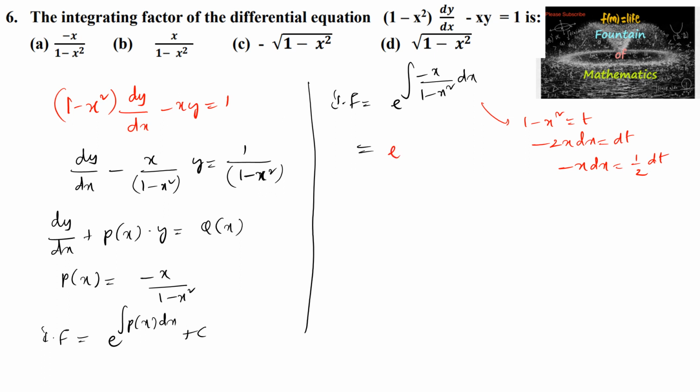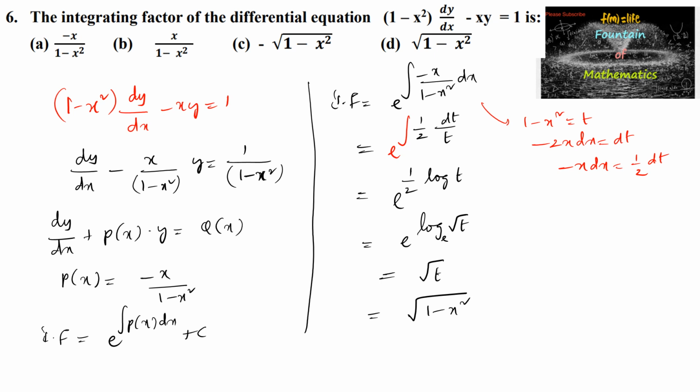So we can write e to the power (1/2) integral of dt/t, that is e to the power (1/2) log t, which is e to the power log t^(1/2), that is root t. The value of t is 1 - x², so the integrating factor of this differential equation is the square root of 1 - x², which is option D.